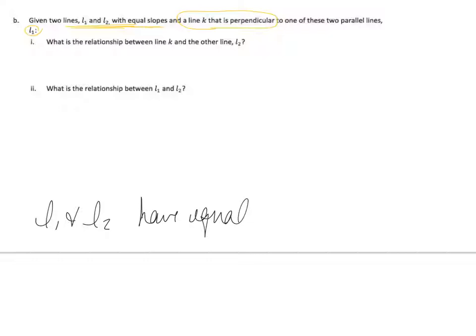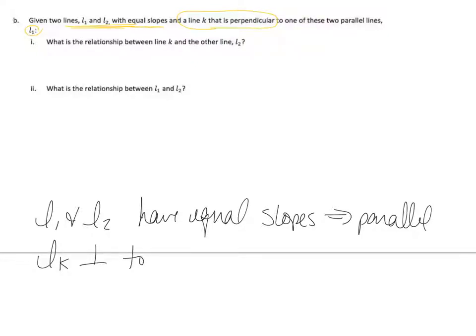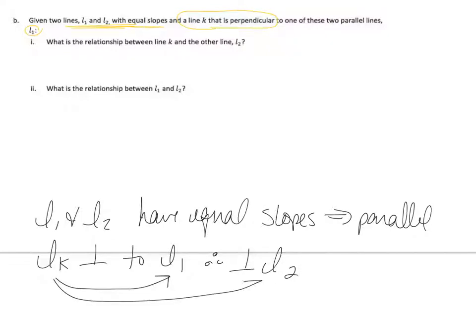What does that tell us? They're parallel. Line K is perpendicular to line 1, and therefore perpendicular to line 2 also. If someone tells you two lines are parallel, and one line is perpendicular to one of the lines, it's perpendicular to the other. Cool?